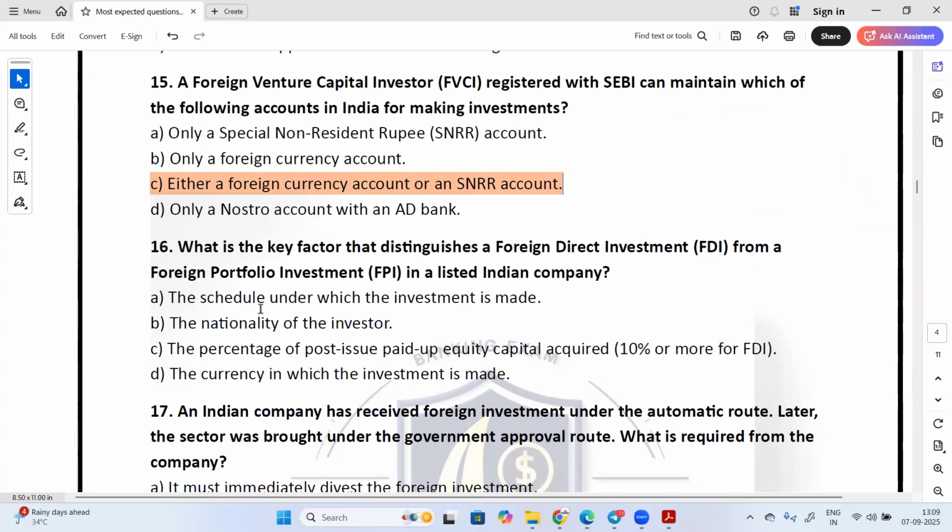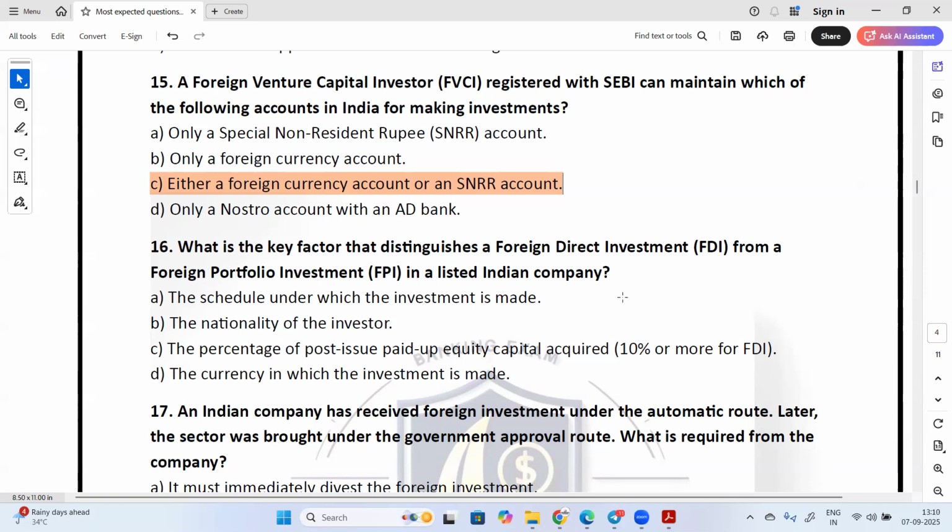Okay, next question. Question number 16. What is the key factor that distinguishes a foreign direct investment from a foreign portfolio investment in a listed Indian company? Our options are: the schedule under which the investment is made, the nationality of the investor, the percentage of post-issue paid-up equity capital acquired, 10% or more for FDI, the currency in which the investment is made.